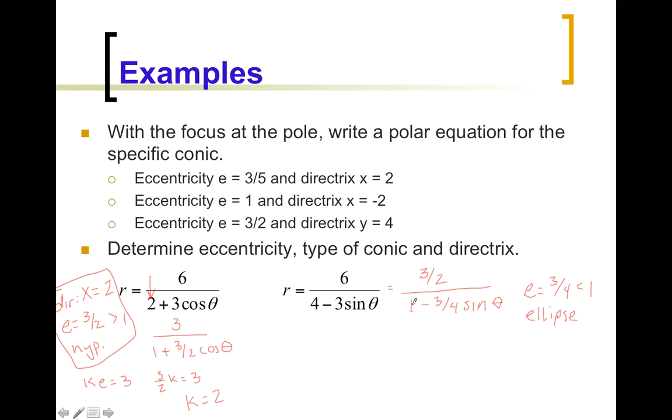I then need to look at the fact that 3/2 is equal to k times e, which is 3/4, multiply by the reciprocal. I get k equals 2 again.